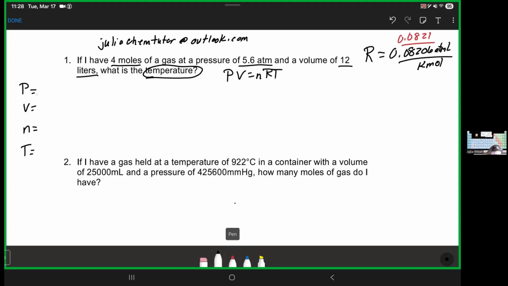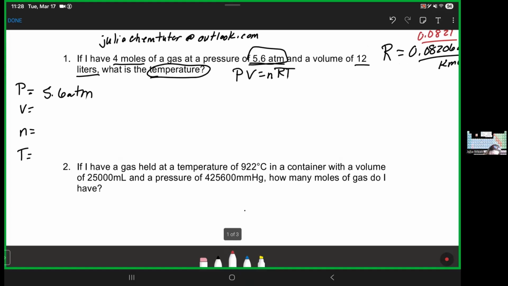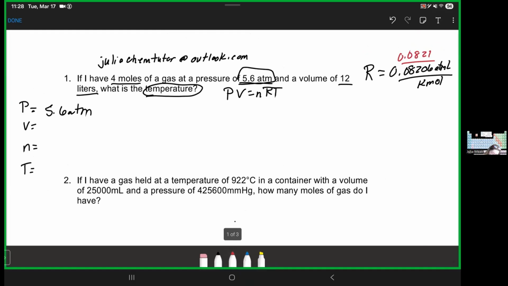Okay, so given our information, our pressure we were given is 5.6 ATM. And I didn't really talk about this specifically, but remember I said our pressure has to be in ATM, and that is because our R value is in ATM. Our volume has to be in liters because our R is in liters. Our temperature has to be in K because our R is in K. We have to be in moles because R is in moles.